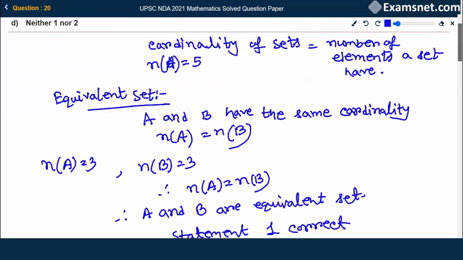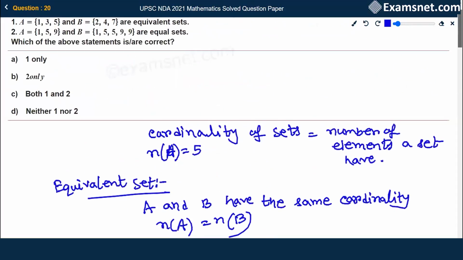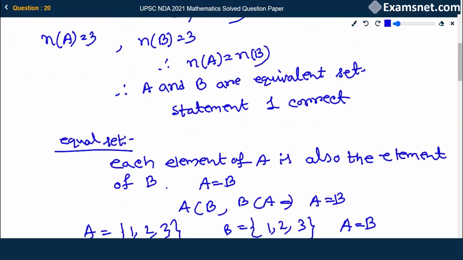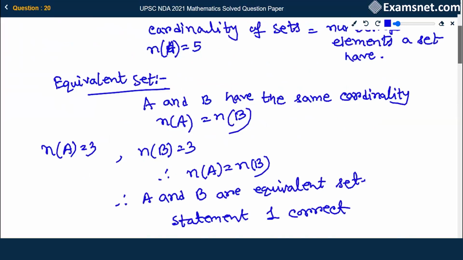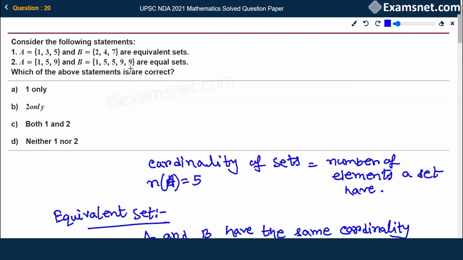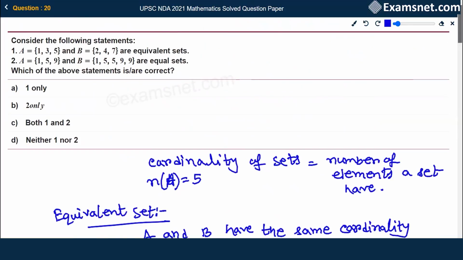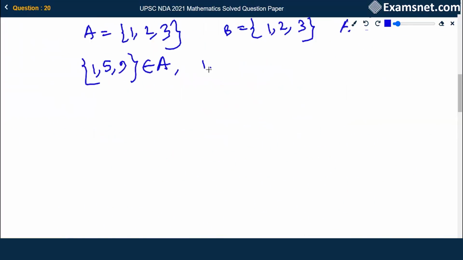So let's check here in this case A is 1, 5, 9. Correct? So 1, 5, 9 belongs to set A. And also you can see that there are two 5s, two 9s, but the numbers are the same. Again 1, 5, 9. Numbers are not different. So 1, 5, 9 belongs to set B. There is no new number apart from 1, 5, 9 introduced in B. Correct?